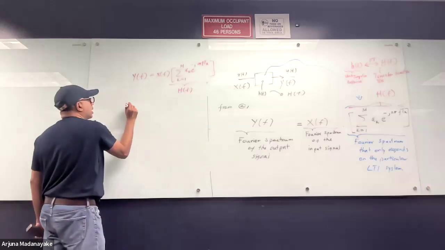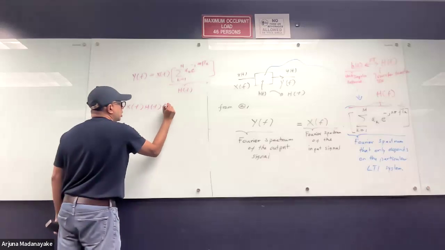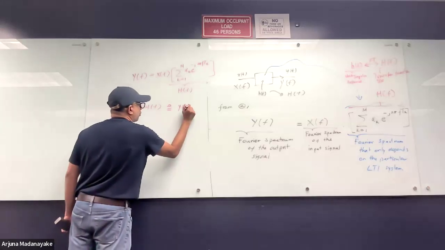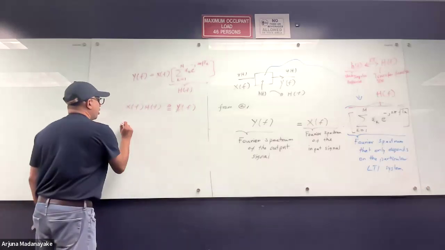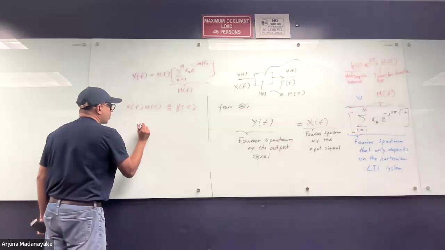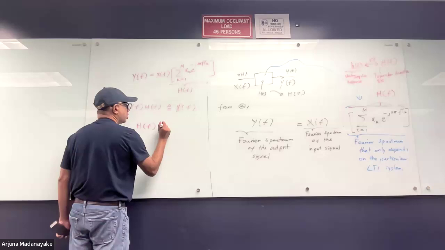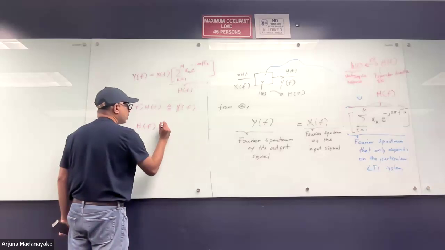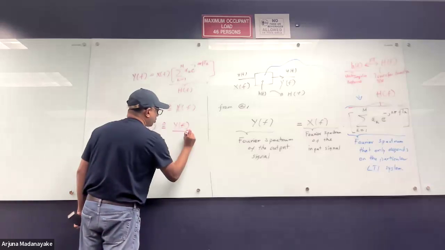So I get x of f times h of f is defined as, therefore the Fourier transform of the impulse response function h of t, which is h of f, is equal to the output spectrum divided by the input.